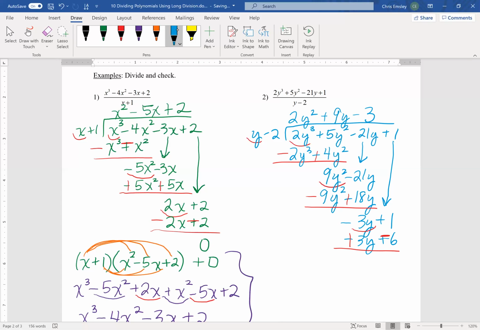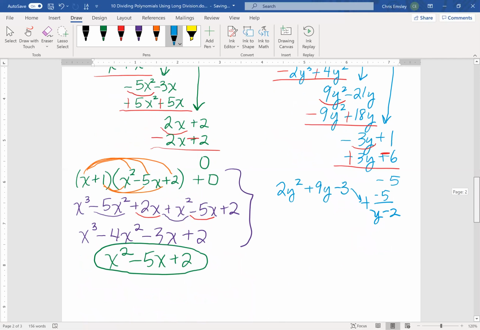We have 1 minus 6, so our remainder is negative 5. So our answer, 2y squared plus 9y minus 3, I'm going to run out of room here, plus negative 5 over y minus 2.